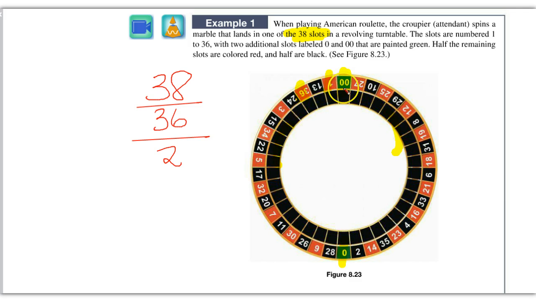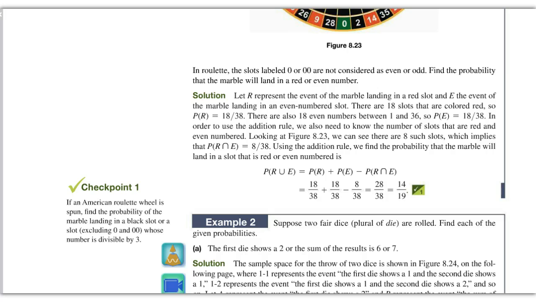And of the numbers, there are 18 odds and 18 evens. I have an idea of what the wheel is like, and you have this picture too, so you can use your booklet as a reference to the roulette wheel.